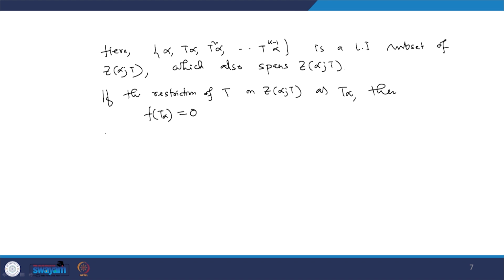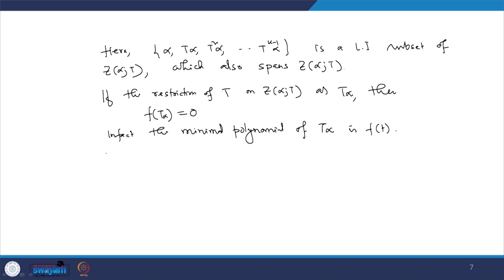In fact, the minimal polynomial of T_alpha is f(t).